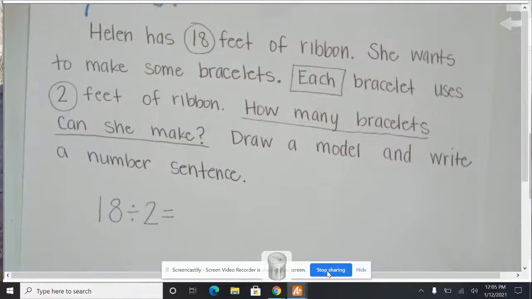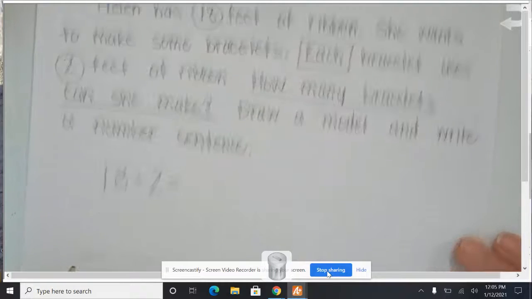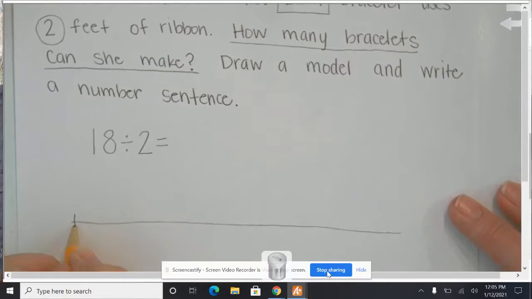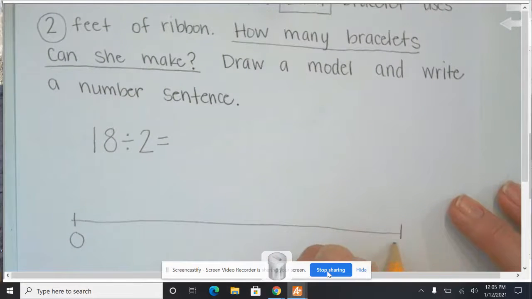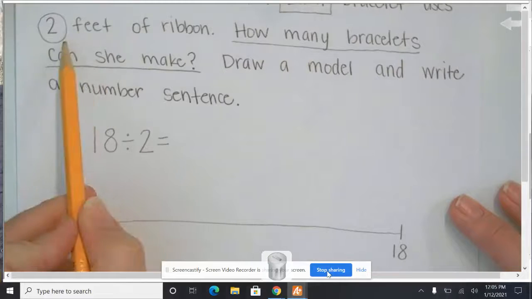So one way I could solve this is by making a number line. If I make a number line, I would start at 0. And I know that there's 18 feet total of ribbon. And I know that each bracelet uses 2 feet of ribbon.